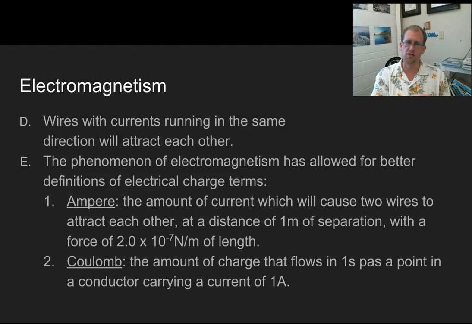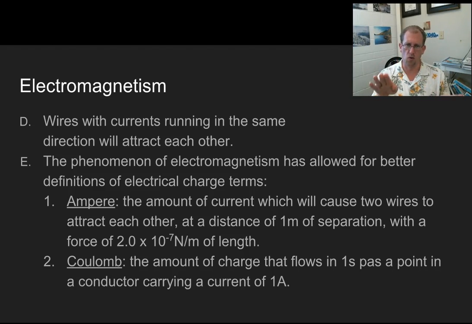And the new definition of an amp for chapter 22 and forward is the amount of current which will cause two wires to attract each other at a distance of 1 meter with a force of 2 times 10 to the negative seventh newtons of force for every meter of their length.